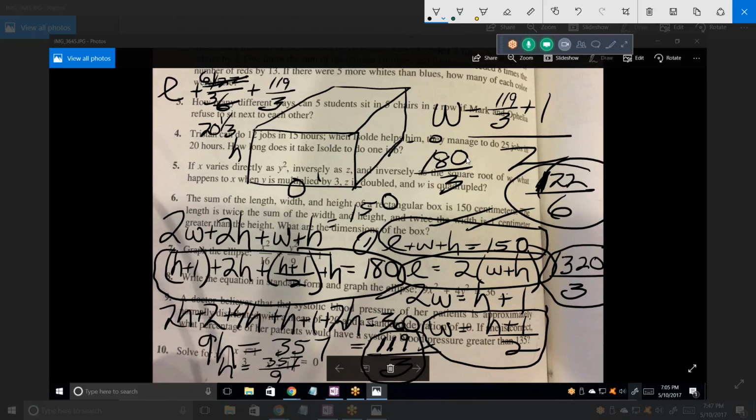If W and H is 60, then L should be 120. L is twice the sum of the width and height. And twice the width is 1 centimeter greater than the height, which is that third equation.